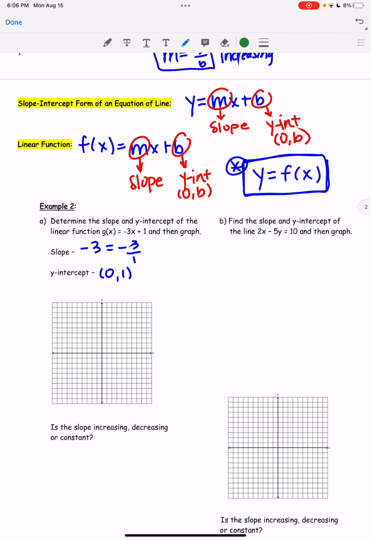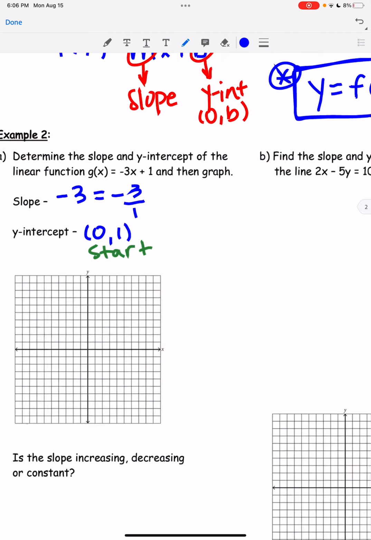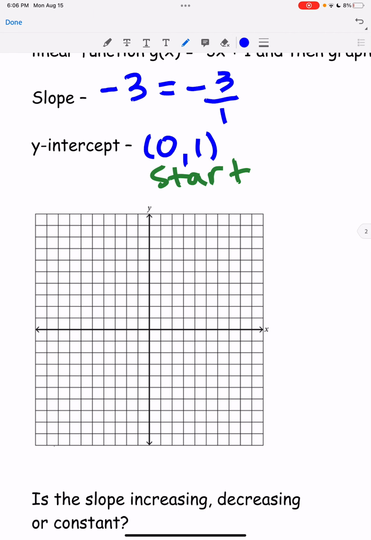Whenever we graph, we're always going to start with whatever our y-intercept is. So I'll start right here. And then use your slope to find more points. So -3/1 means I'm going to go down 1, 2, 3, and then this is a positive 1, so I'm going to go in the positive direction of 1.